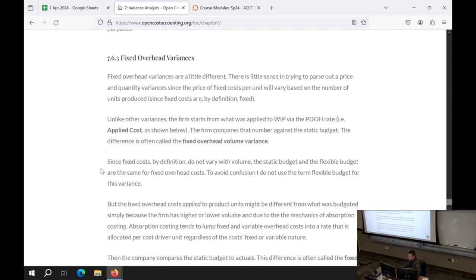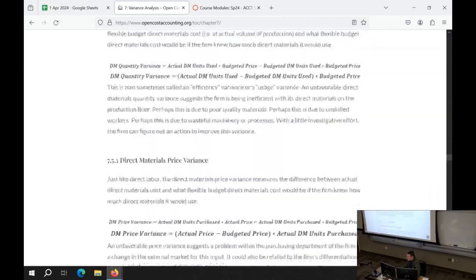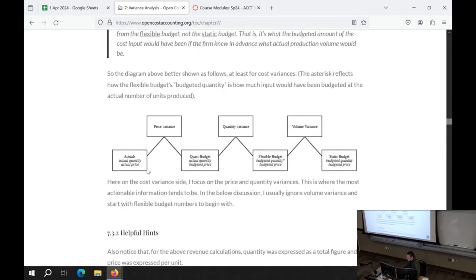Now we're using extra square footage of the factory in most cases, and so our fixed factory overhead lease cost, which is part of our fixed overhead costs, is not going to be ramping up or down. And so let me just visually contrast it here. We have our typical mountain chain way up. We have our three variances and two that we focus on, the quantity and the price variance.